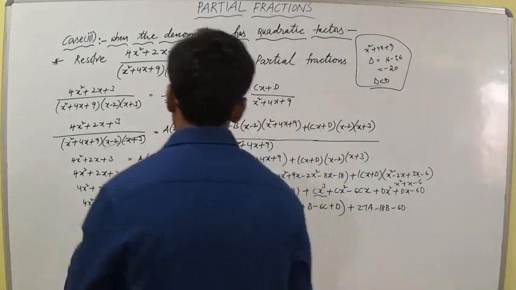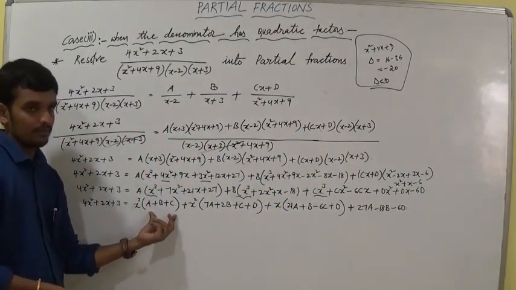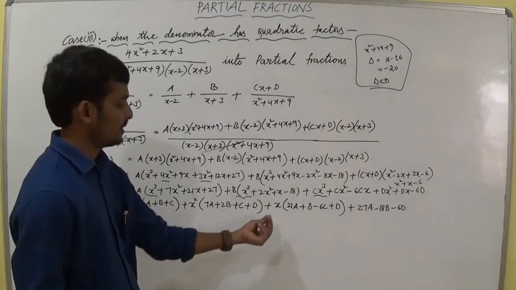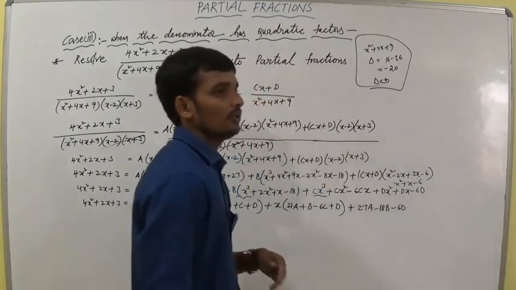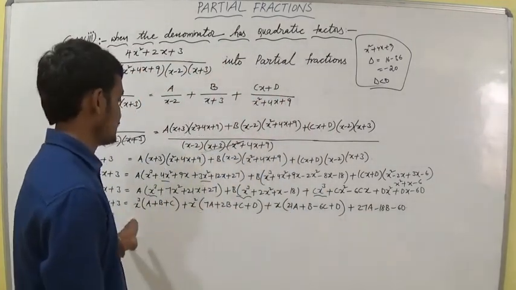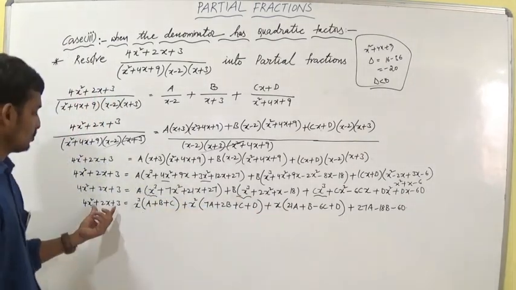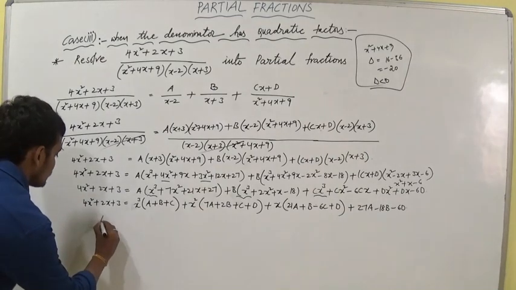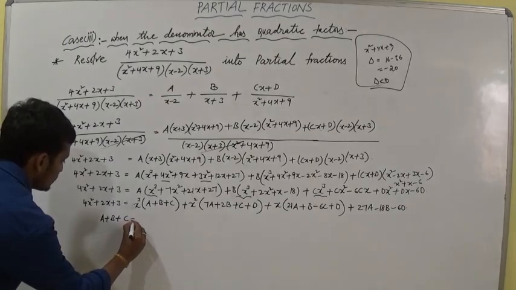Now this is x cube coefficient. This is x square coefficient. This is x coefficient. This is the constant. Now you can compare LHS and RHS. So here no x cube term. That means A plus B plus C is equal to 0.